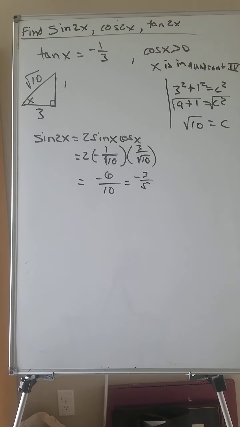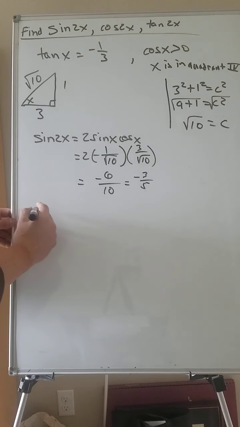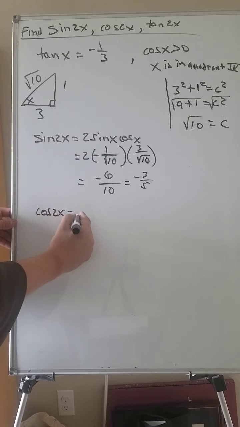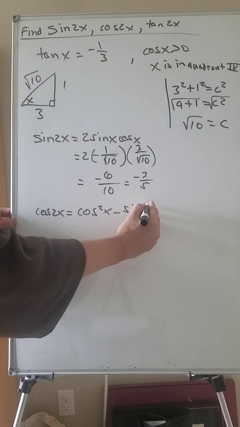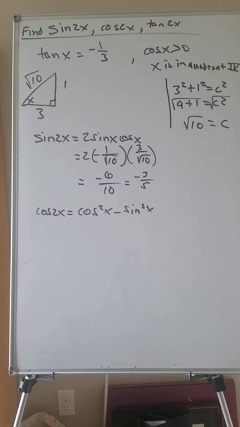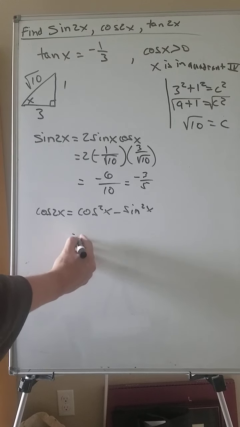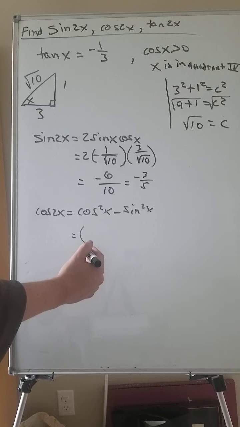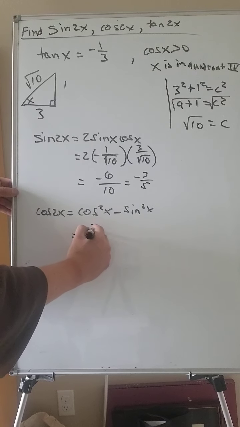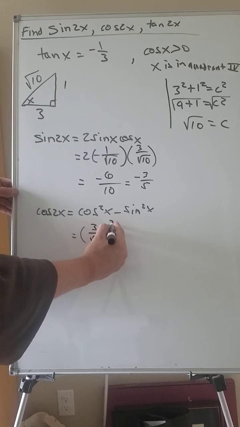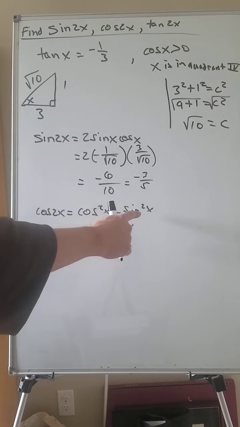Okay, so let's find cosine of 2x. Cosine of 2x, I can write that as cosine squared x minus sine squared x. Again, it doesn't matter which version you use, I'm just choosing to use this version. So cosine squared x, well, what's cosine x? It's 3 over the square root of 10, squared, minus, what's sine squared?